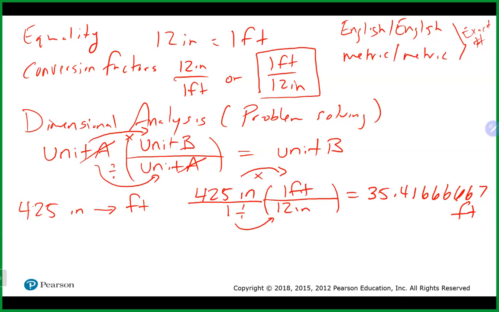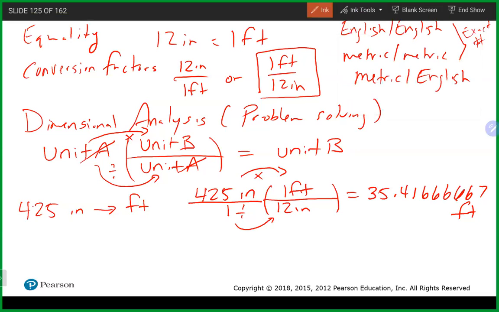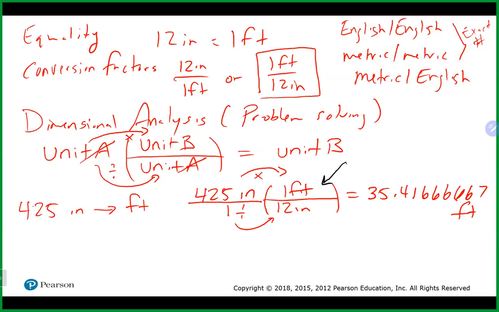It's only when you cross over from metric to English, if it's not an exact conversion like 1 inch is exactly 2.54 centimeters, that you should look at the equality or conversion factor you use. In this case, inches and feet are both English to English conversions, so this is an exact number and we do not have to worry about it. We default back to our original number, which has 3 significant figures.